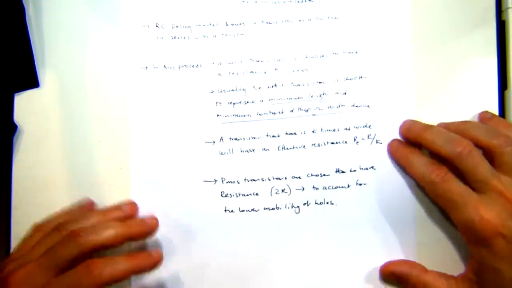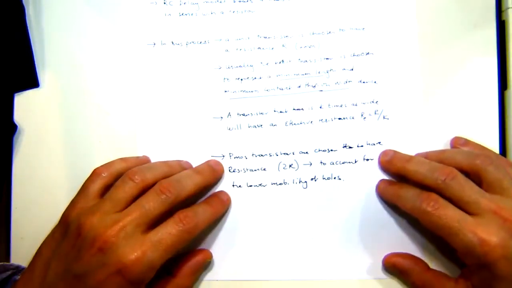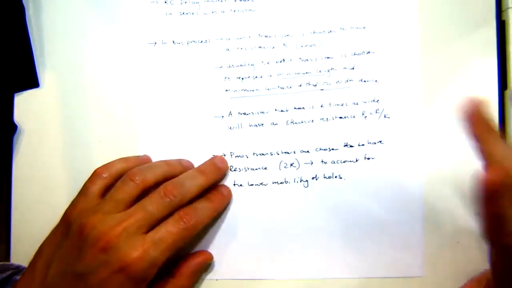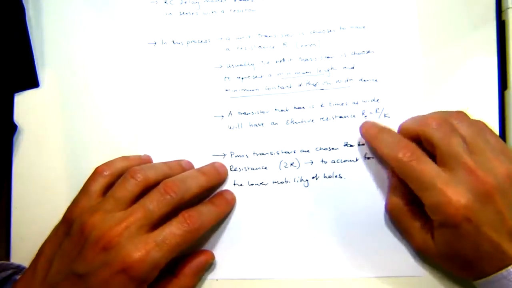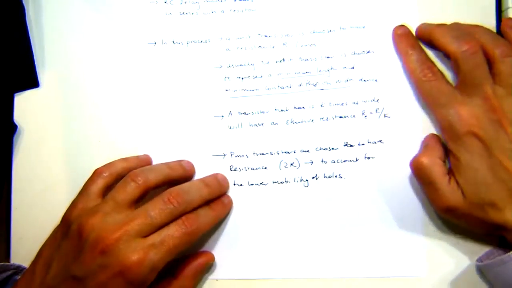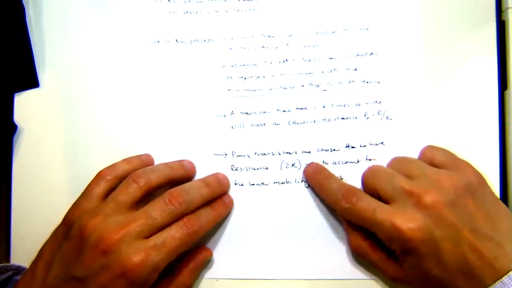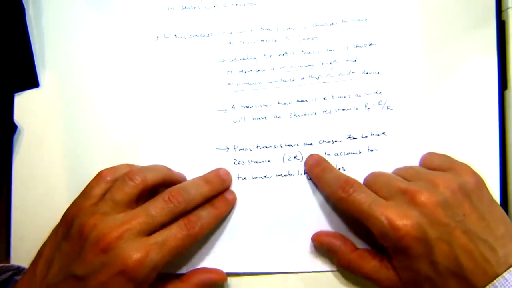Now, one of the approximations that we make in this process, which is sort of correct, is that PMOS transistors are also a switch, but their resistance is twice as large. And the reason for making it twice as large is why?